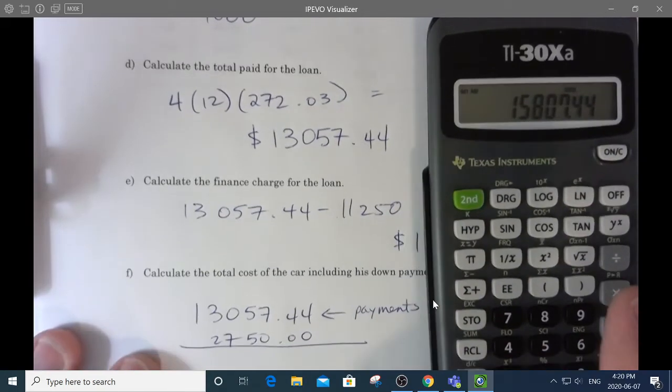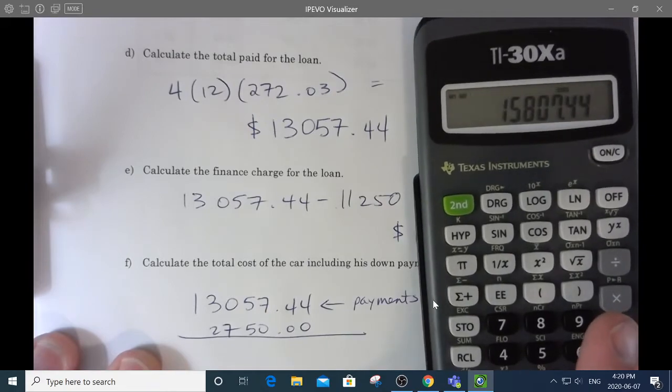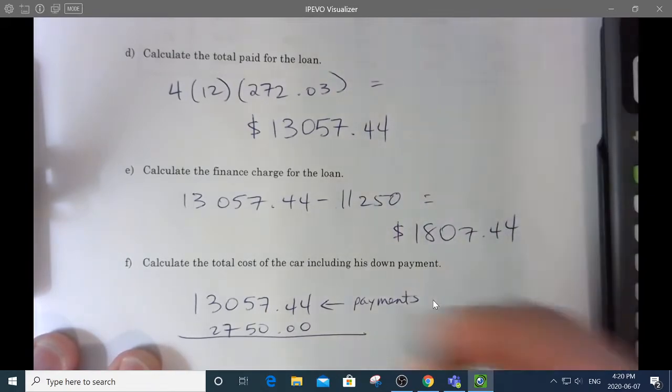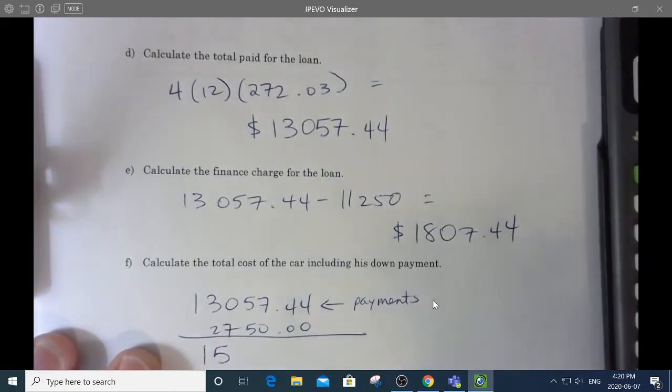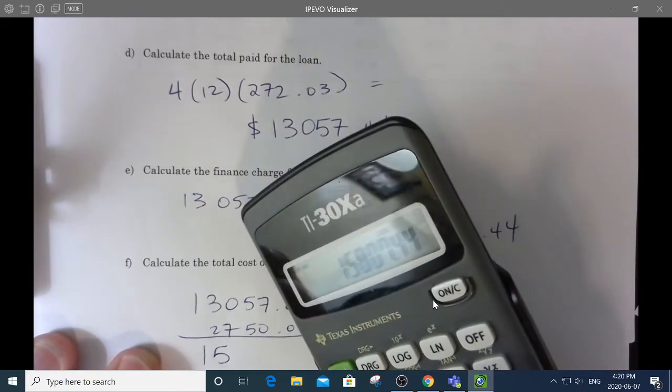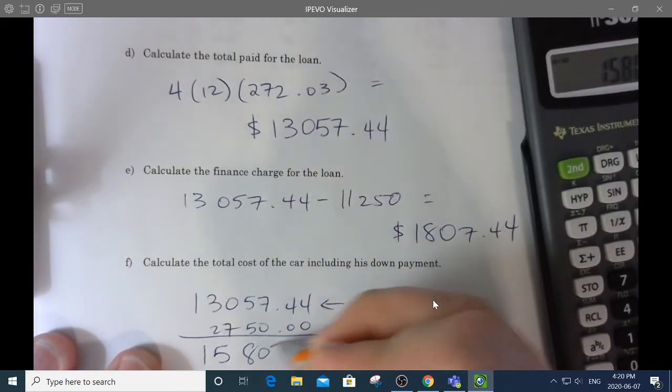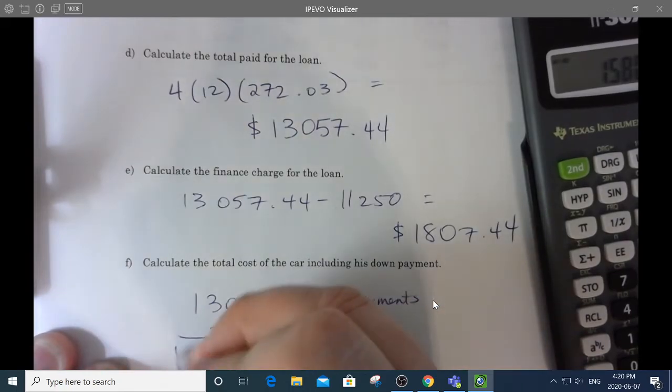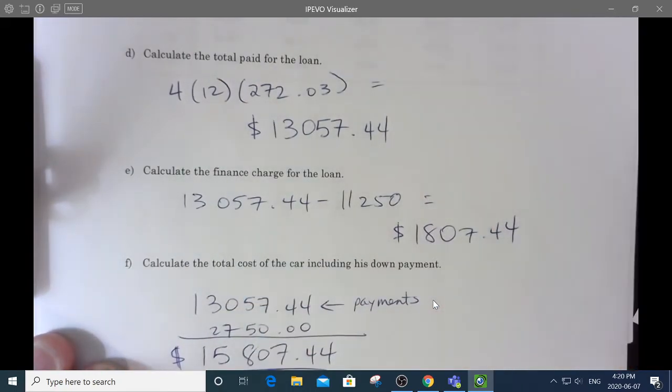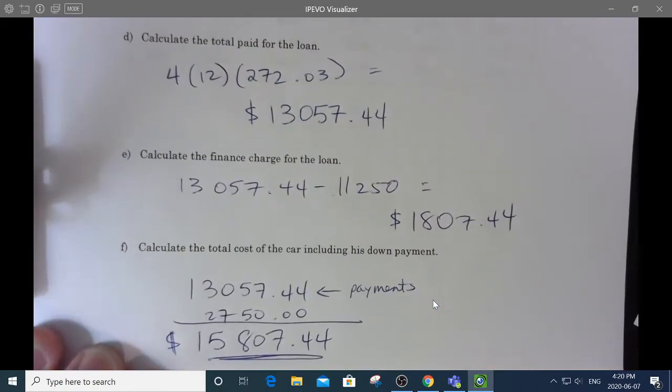And there we go. So he paid, by the time it was all said and done, $15,807.44.